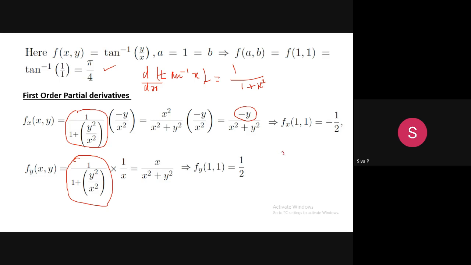In case we are writing x square plus y square, the u by v formula, x square plus y square whole square, 1 by v square. Keep it x square plus y square. I can keep that minus outside.